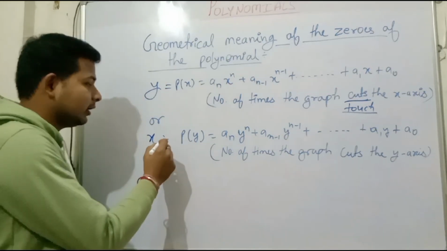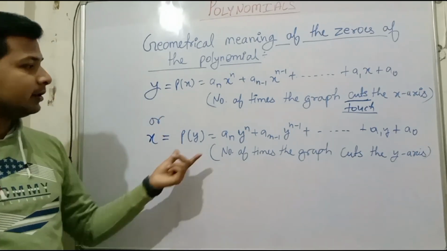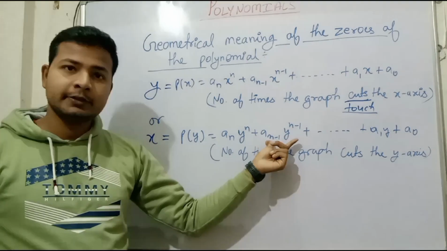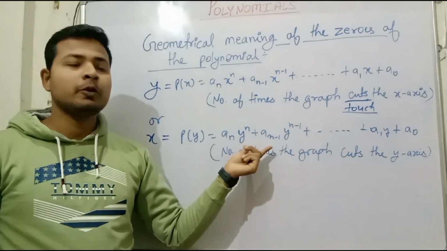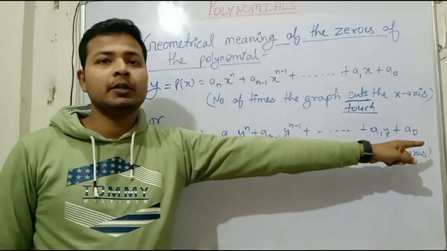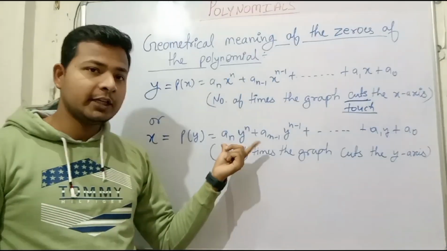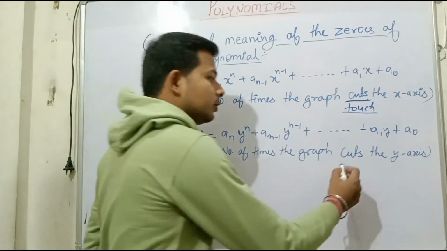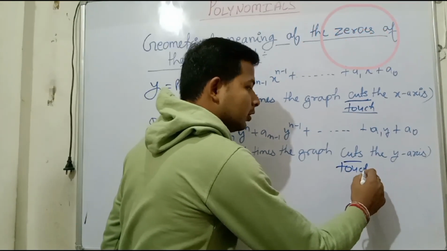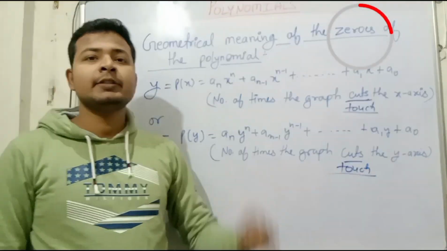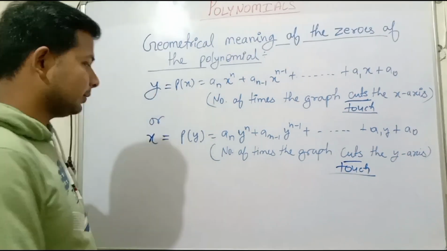If you are facing a question like x equals p(y), now all the variables are interchanged, with x as y: an y to the power n plus an-1 y to the power n minus 1 plus so on, a1 y plus a0. This time, the number of times the graph cuts the y-axis, also touches the y-axis, we will count all these as zeros of that polynomial.